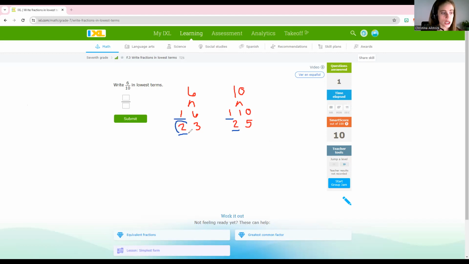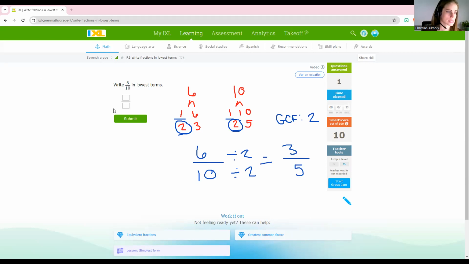Well, 2 is greater, so that means our GCF is 2. I am confident in saying that if I divide this fraction 6/10 by the greatest common factor of 2, I will have simplified this in lowest terms. 6 divided by 2 is 3. 10 divided by 2 is 5, giving us our simplified fraction of 3/5.